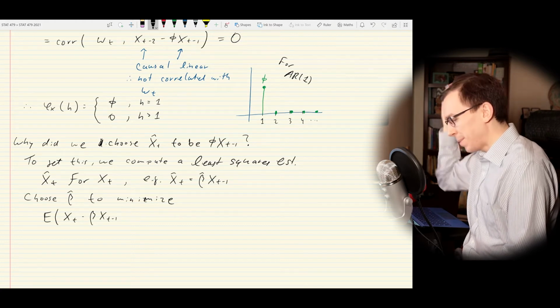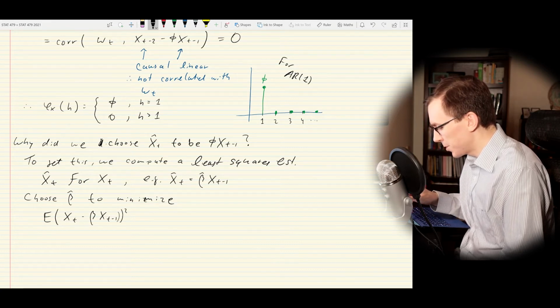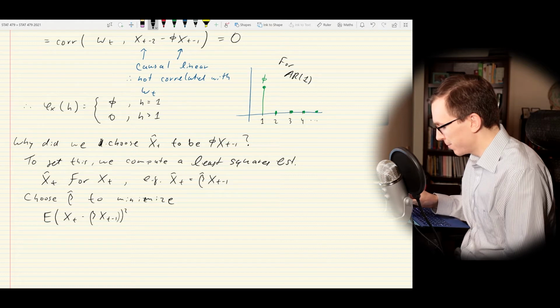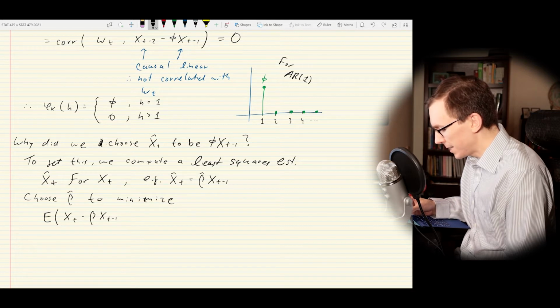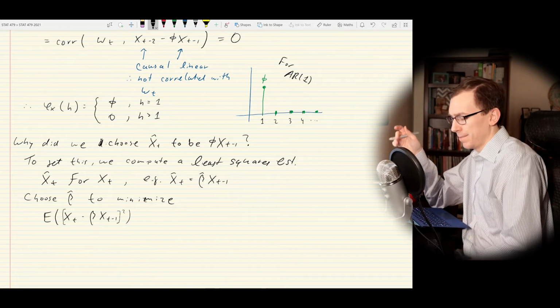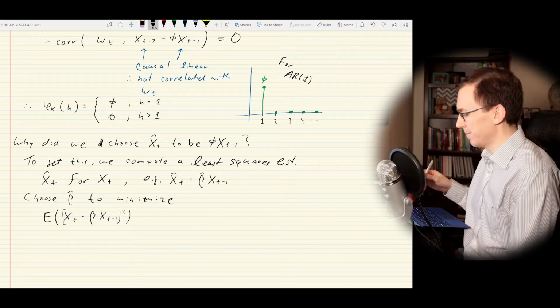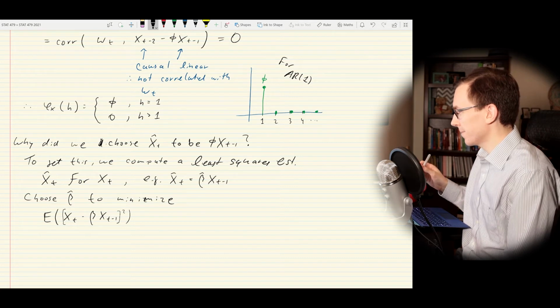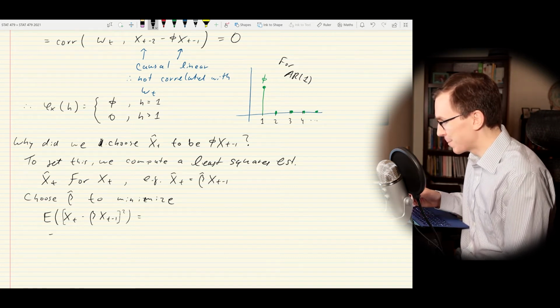I'm minimizing over beta here. We'll do a double bracket just to indicate that I'm taking the expected value of the square of that difference, to make it as clear as possible.